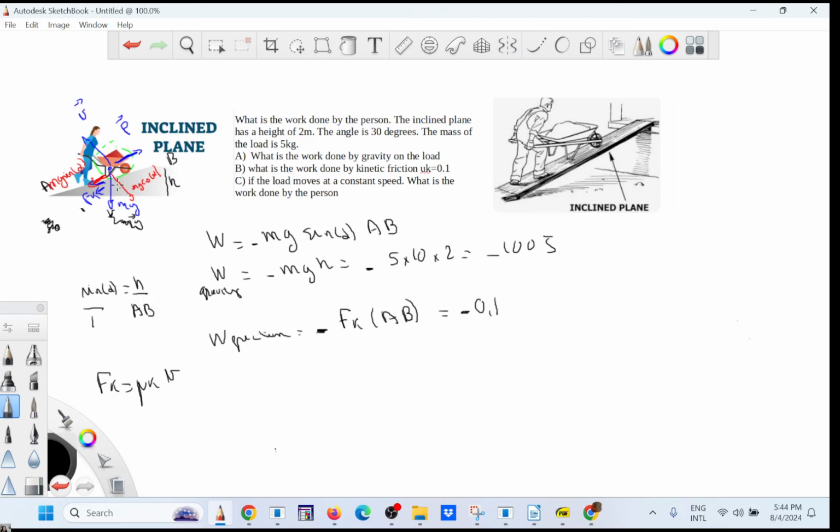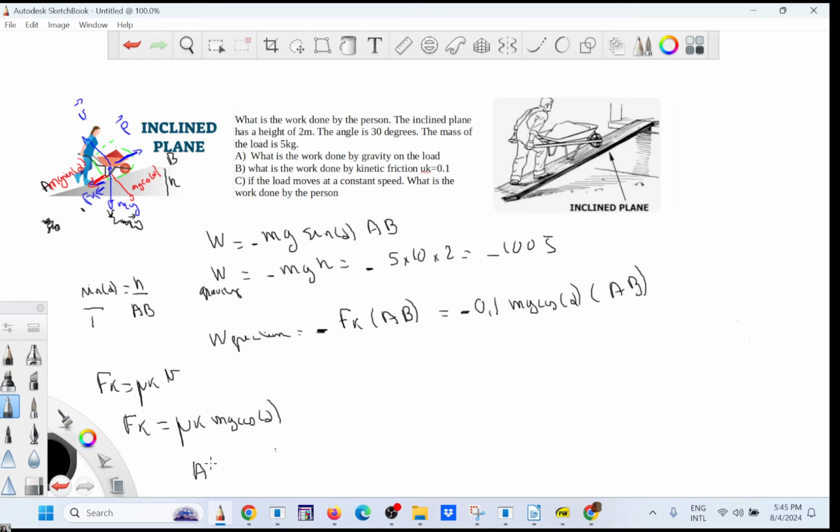The normal force is along the vertical, mg cosine. So kinetic friction will be 0.1 mg cosine, times the displacement AB. So that will be the work done by friction.